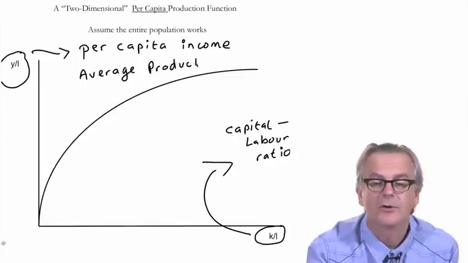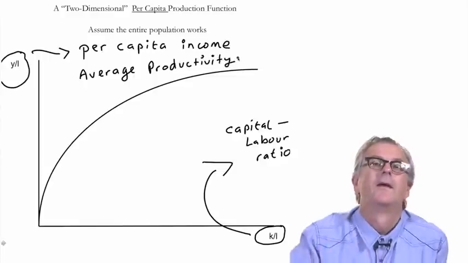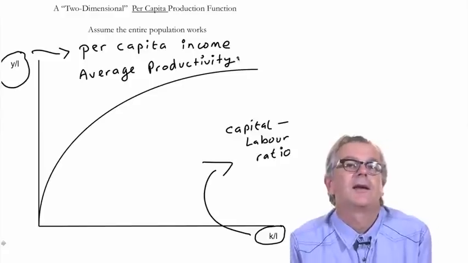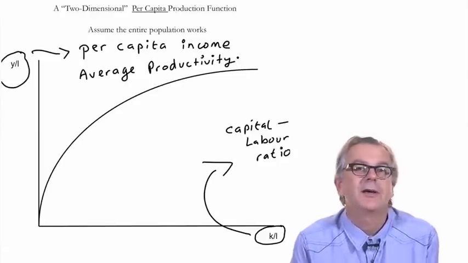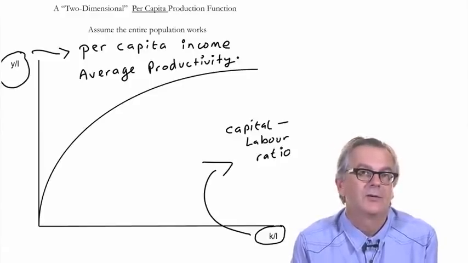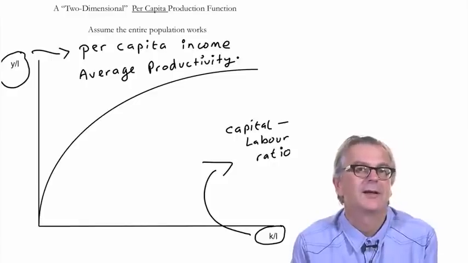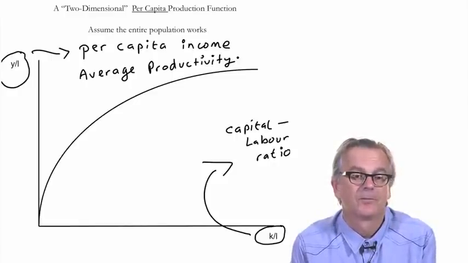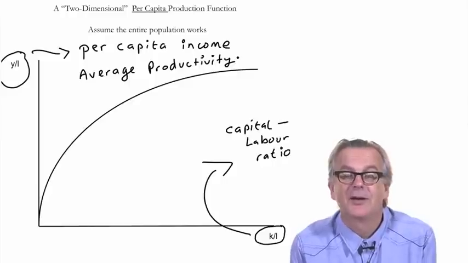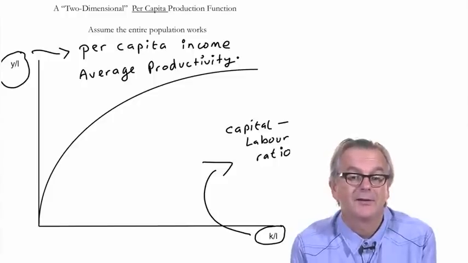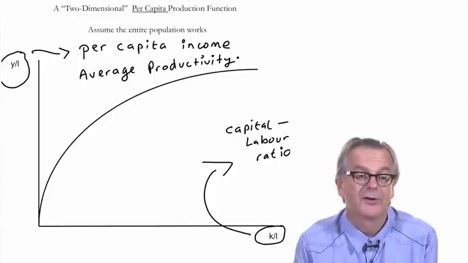You'll recall from earlier that we can decompose real GDP into two sets of factors, one relating to average productivity, the second relating to the proportion of the population who work. But if we make the assumption that everybody works, then the only factor that really matters is average productivity.